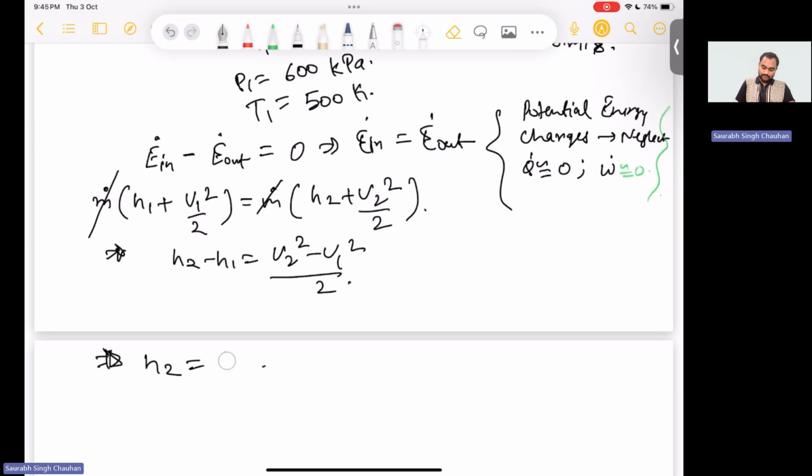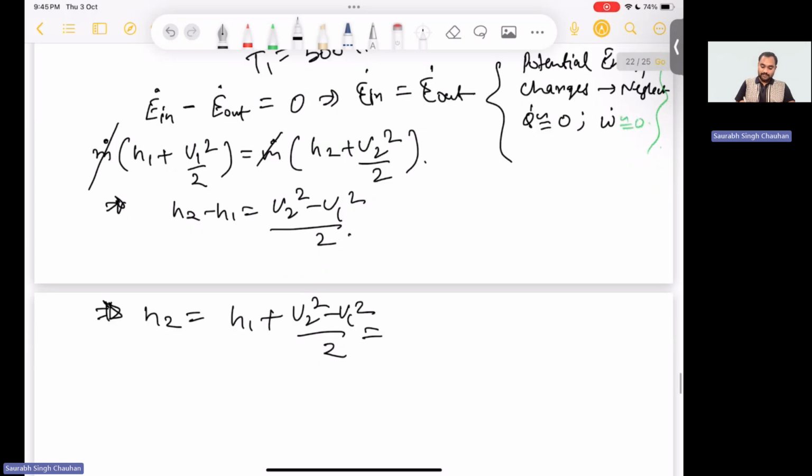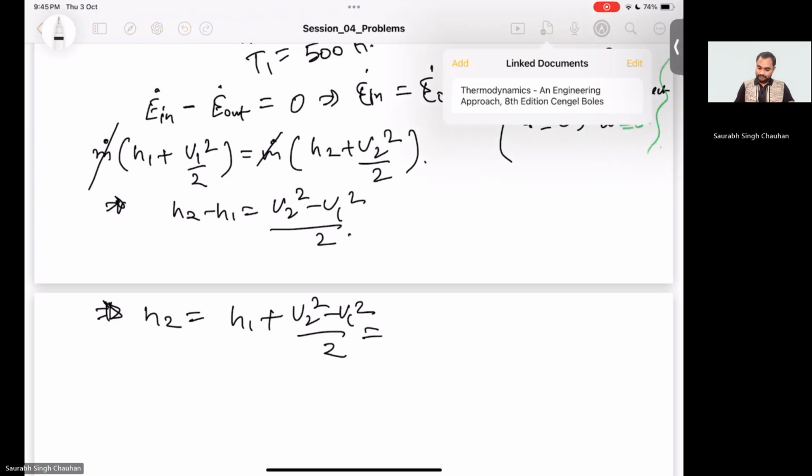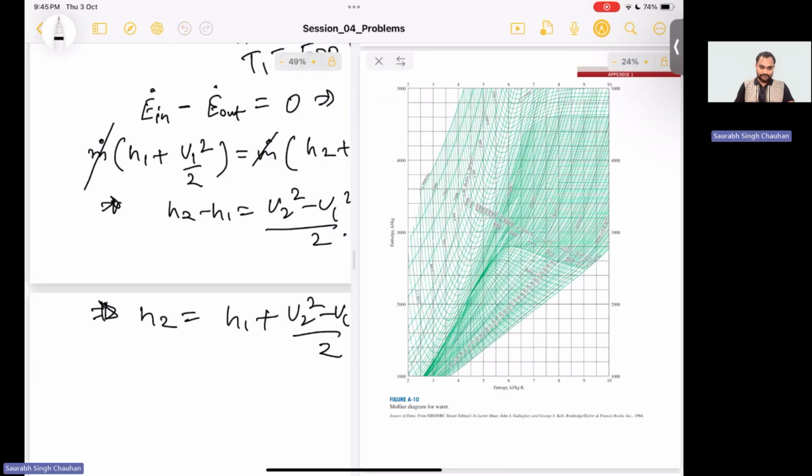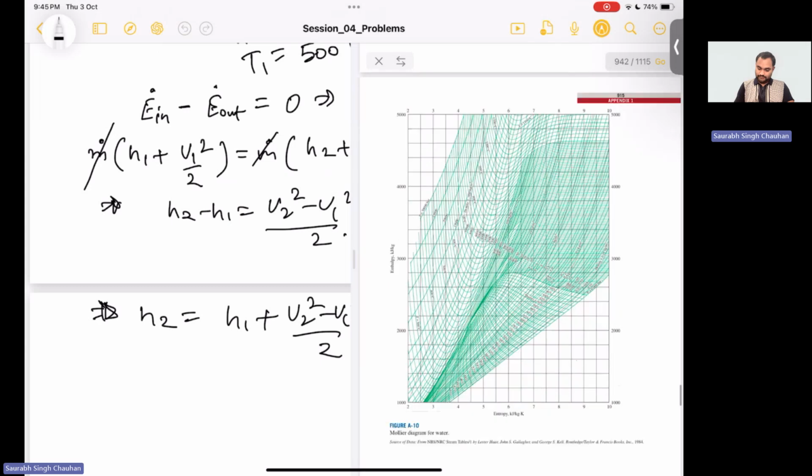H2 will be equal to h1 plus v2 square minus v1 square by 2. We have all these values, but for the h1 we'll have to check the tables.